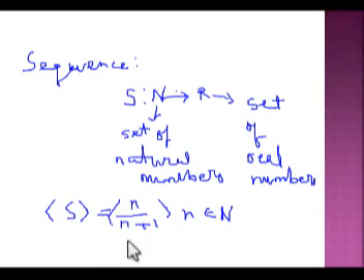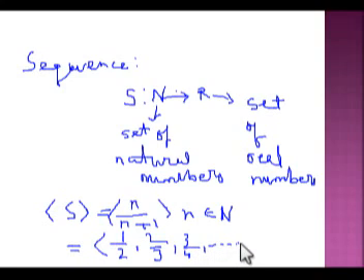If we put 1 first, we get 1 by 2, then 2 by 3, then 3 by 4. All belong to real numbers.